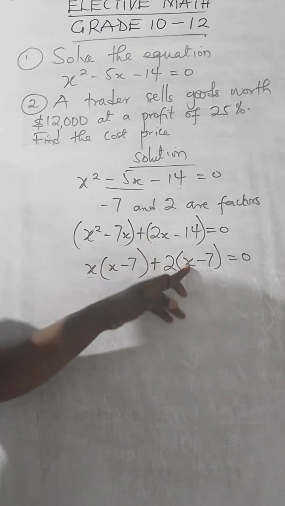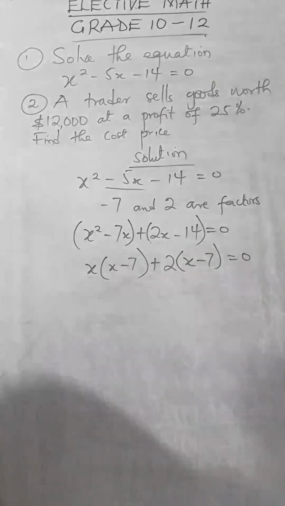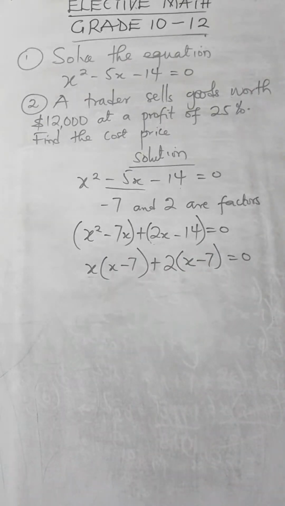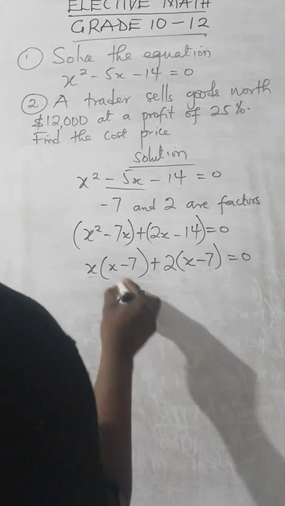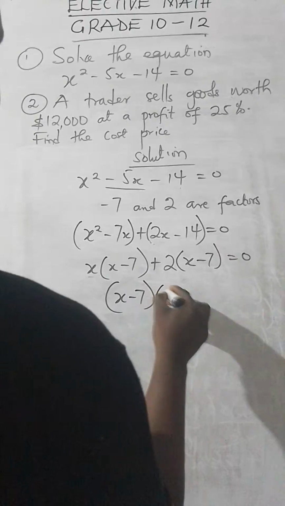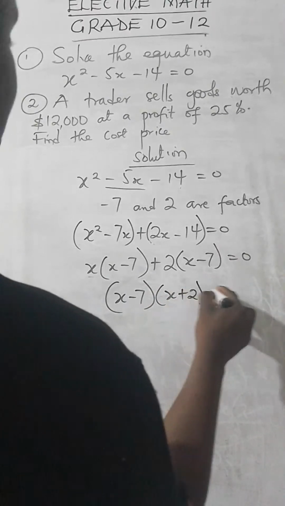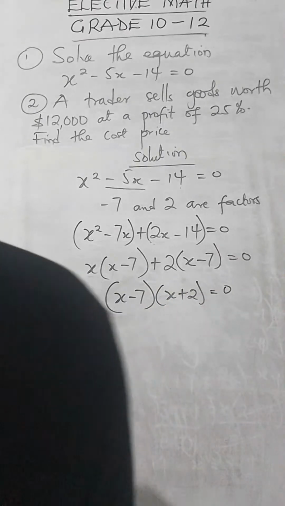If 2 is taken, you have x here, and 2 into 14 is 7. So you can see that what we have in the bracket are the same: x minus 7, then x plus 2, equal to 0.